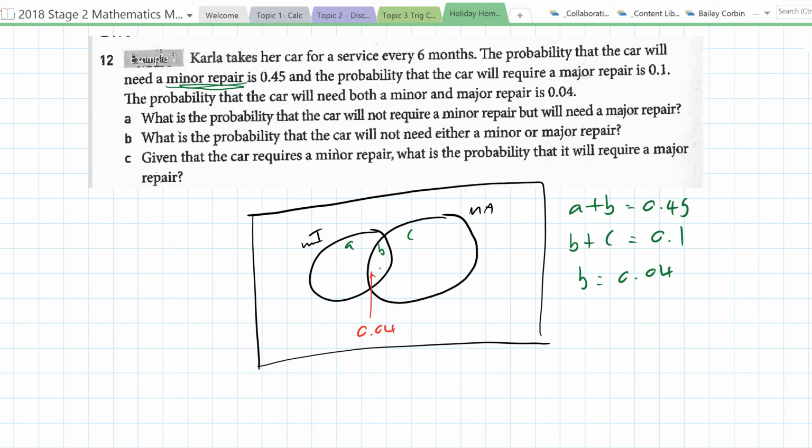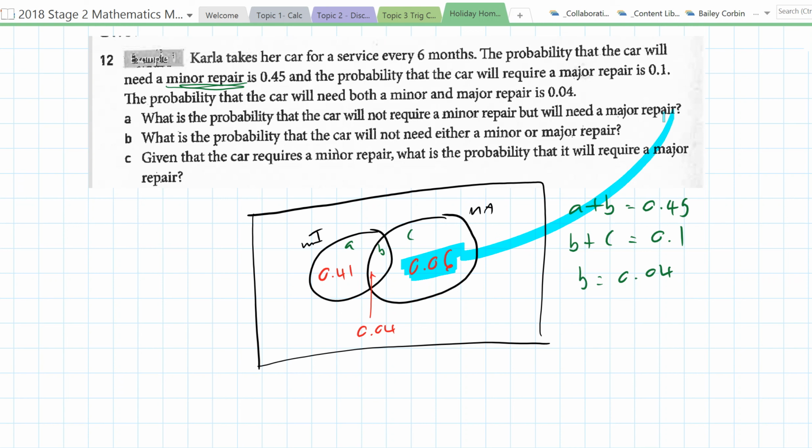If that's 0.04, 0.04 off this leaves 0.41 to go there. 0.04 off that leaves 0.06 to go there. So the probability the car will not require a minor repair but will need a major repair is describing this number here. So the answer is 0.06.